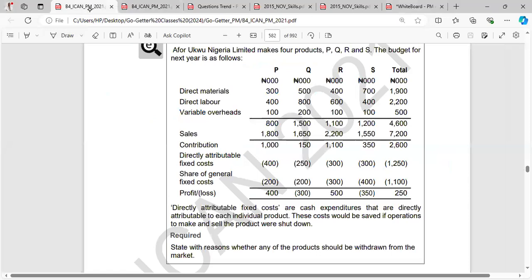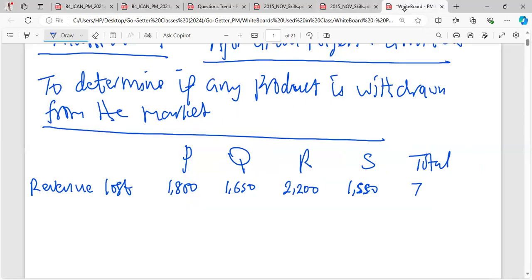So altogether 72. So this is the revenue that would have been lost. Normally, revenue is supposed to be a positive figure, but because we are losing it, it becomes a negative figure.